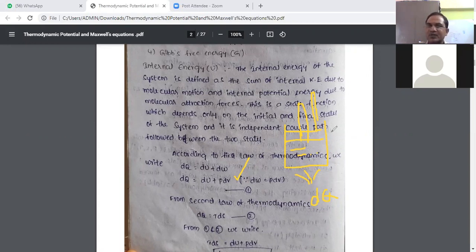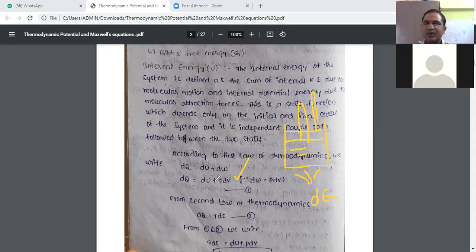Therefore some energy is used for external work done. Hence dq is utilized in two ways. Some part of energy is used for du. The remaining part of energy is used as external work done or in the expansion of the gas. Hence, mathematically, we express it as dq equal to du plus dw.